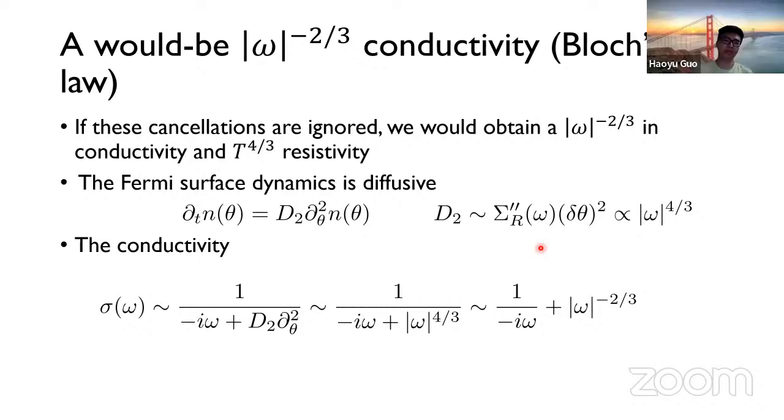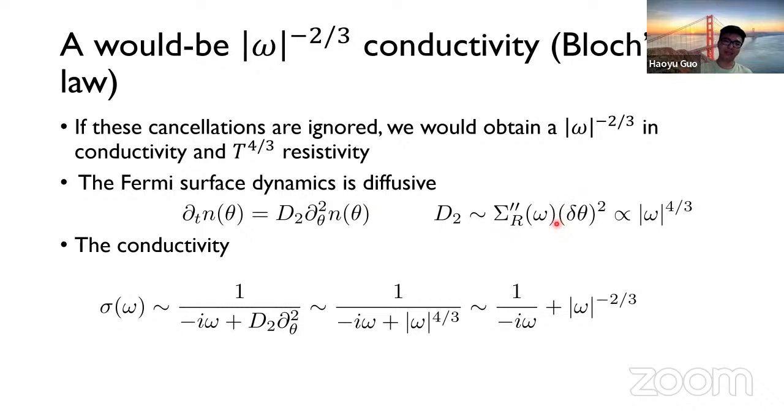In comparison, let me show how to do this in the wrong way, so you will get something that looks like Bloch's law. You need to ignore the constraint coming from the conservation of momentum. Then the dynamics on the Fermi surface will just look like a simple diffusion, which is quadratic.